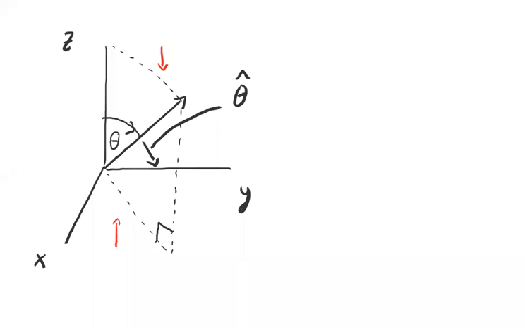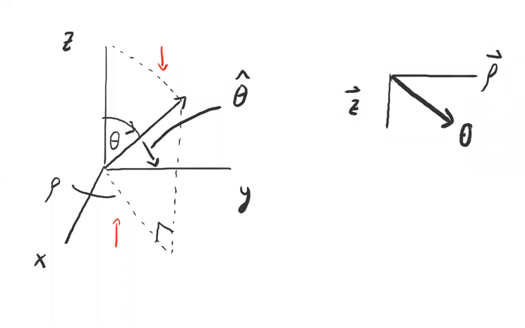So if we take this diagram, drill down from it, and just draw another diagram, you can sort of see what's going on. Here's rho. So this distance is designated by the vector rho hat. This distance here is z hat. And my vector phi hat has to look like that.